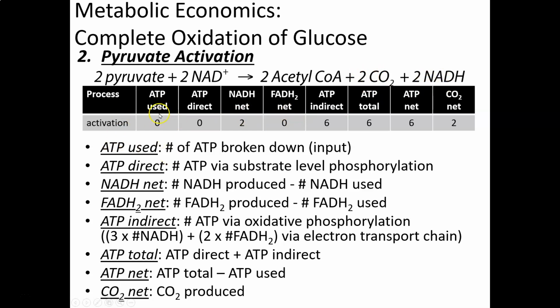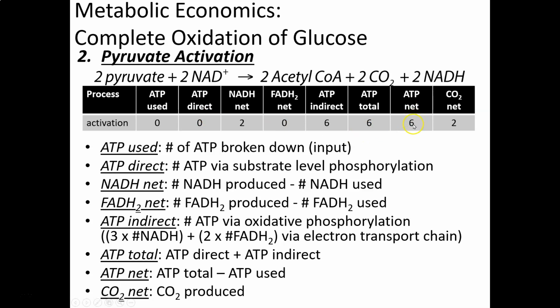So going back to the beginning, for the activation step, 0 used, 0 direct, we didn't make any ATP. We have 2 NADHs, 1 for each pyruvate we activated from that glucose molecule, 0 FADH2. So indirect, 2 times 3 is 6, plus 0 is 6. Total, indirect plus direct, 6 plus 0 is 6.